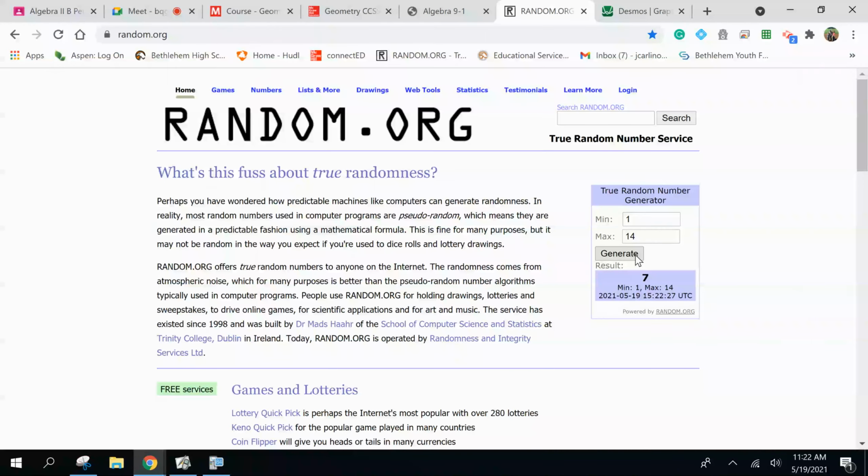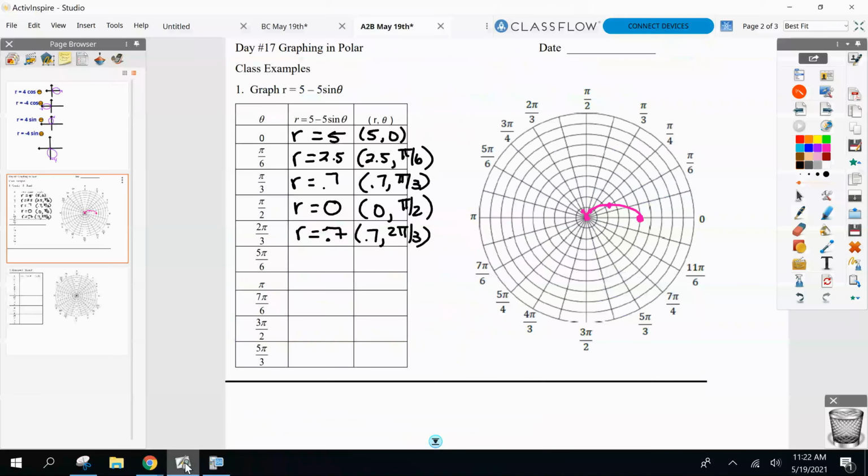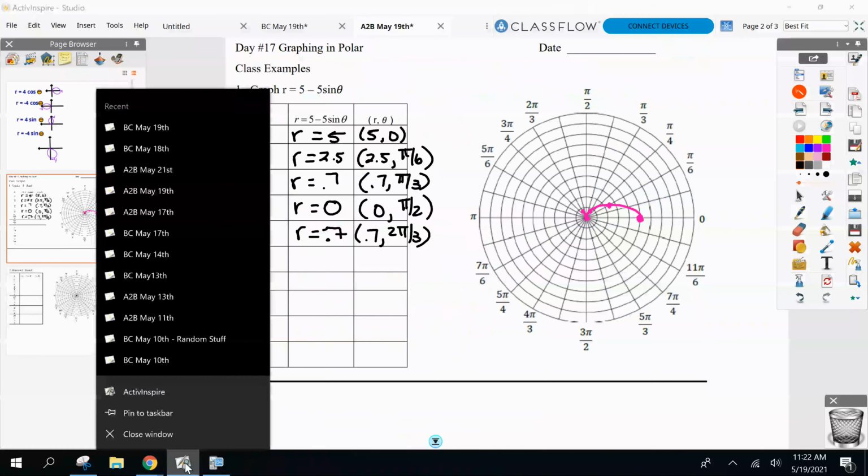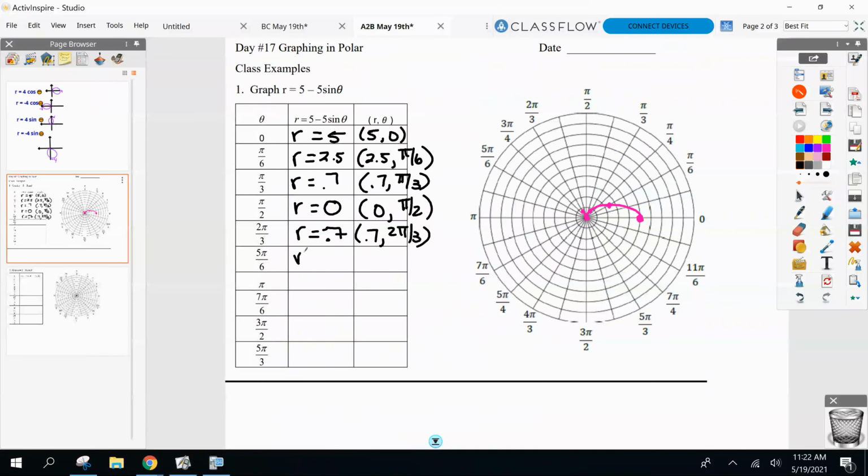5 pi over 6 to the nearest tenth. 2.5. Yep. Still not negative. Keep graphing. Where's 5 pi over 6 and then 2.5? 1, 2.5 right here. Keep connecting.